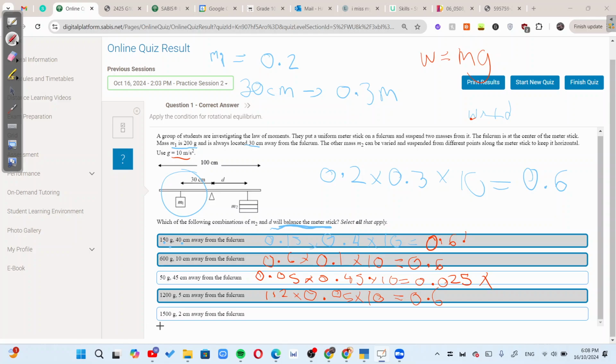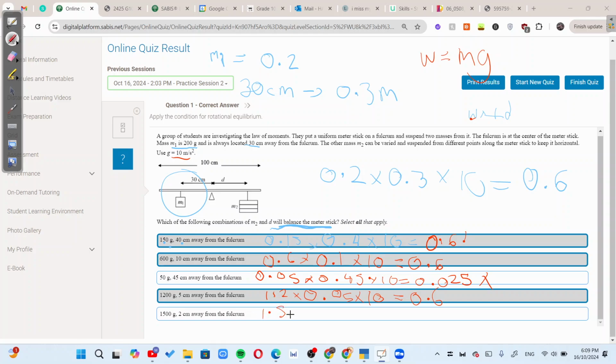And this one, let's see, 1.5 times 0.02 times 10. Oh no, wait, I did something wrong. You're going to get 0.3 for this one.